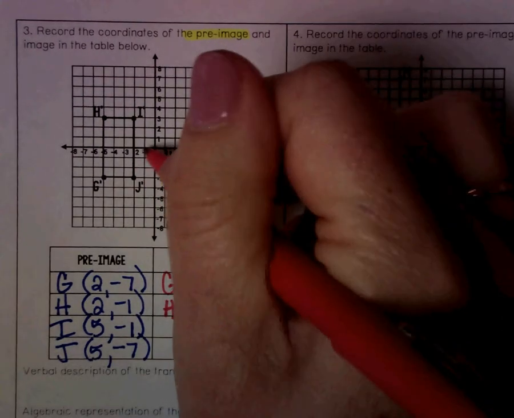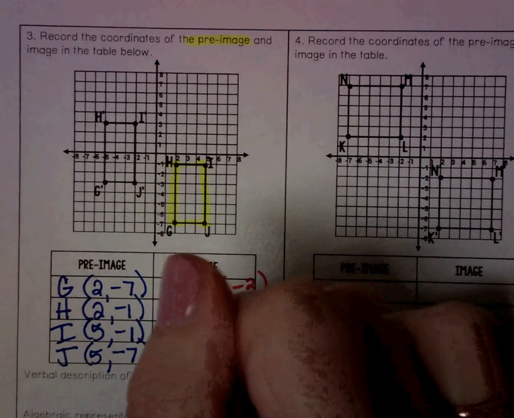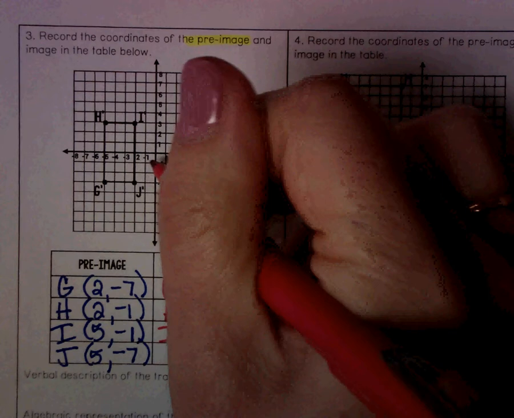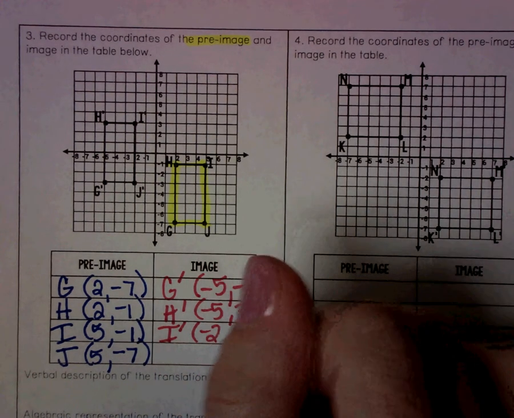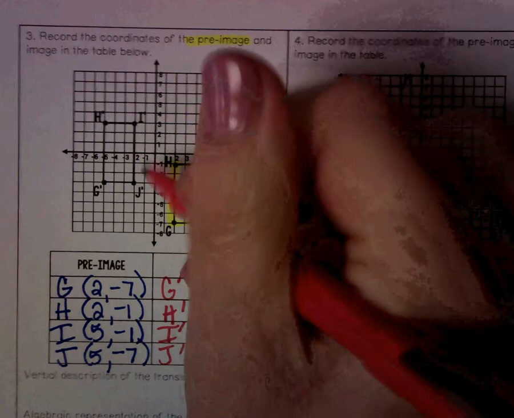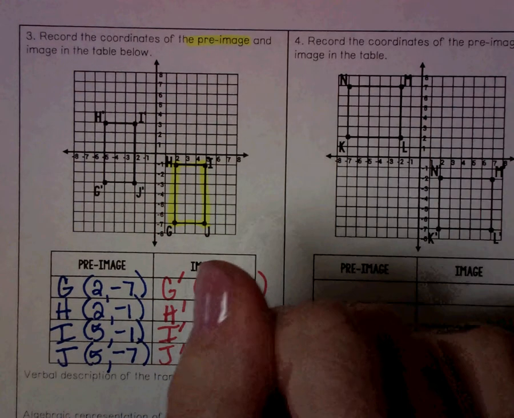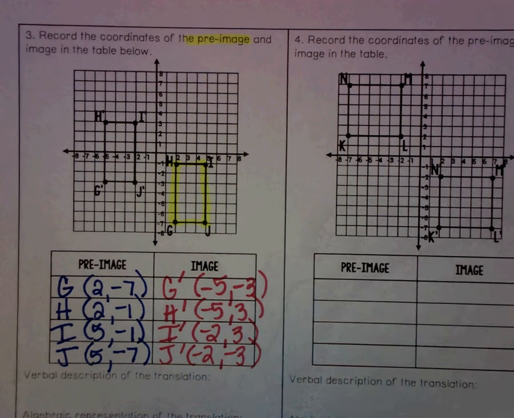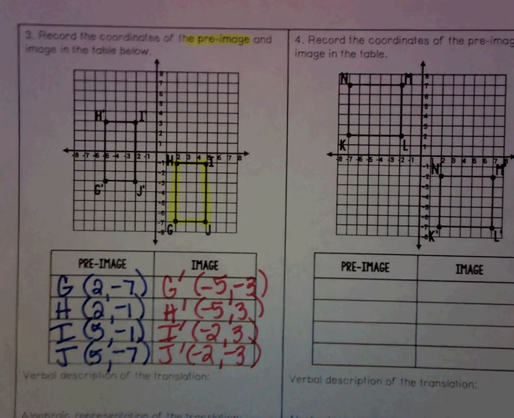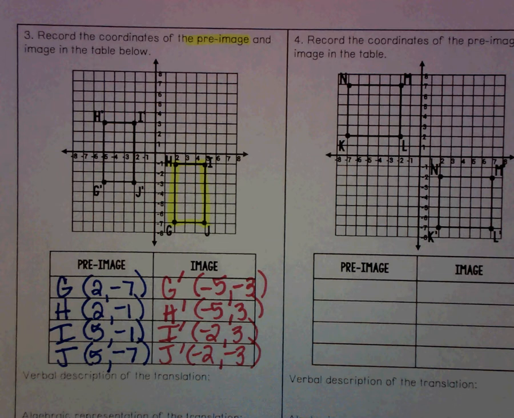And then we have I prime, which is -2, 3. And then J prime, -2, -3.